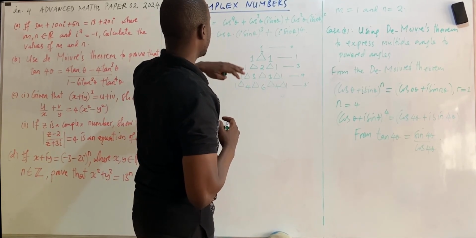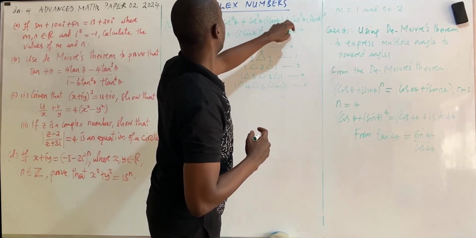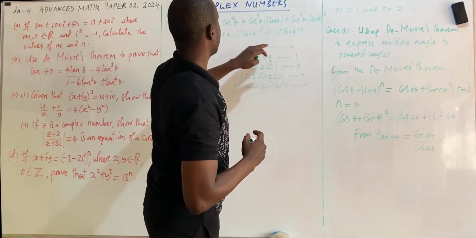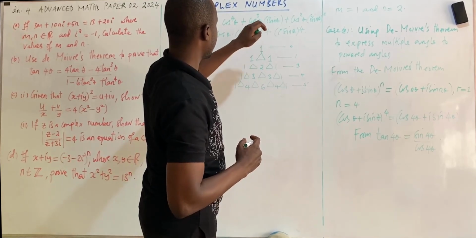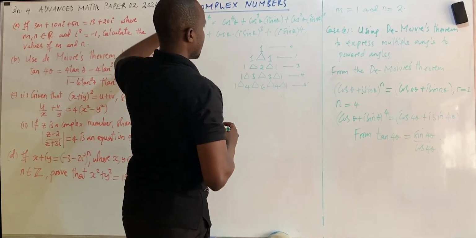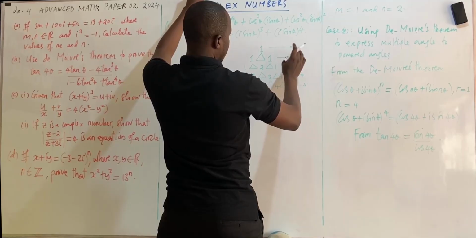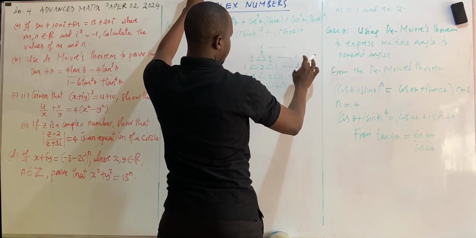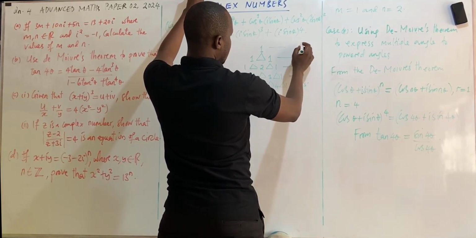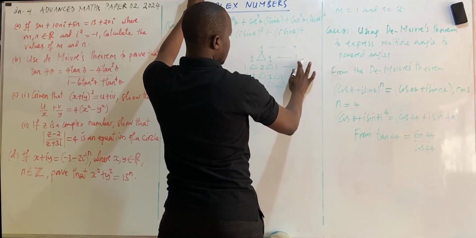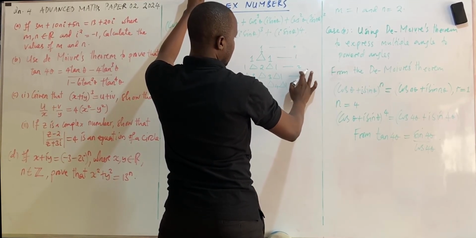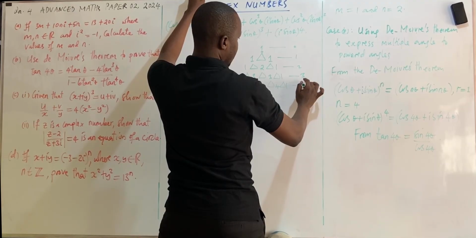How many terms do we have? 1, 2, 3, then 4, 5. So maybe here we can say when the exponent, so we have jumped. So here was 0, 1, then here was 2, then here 3, and here when the exponent was 4.